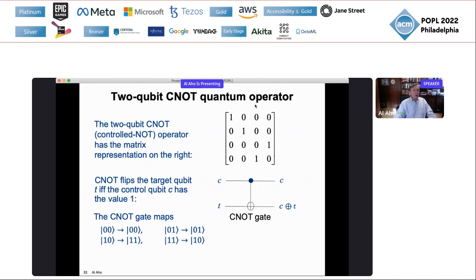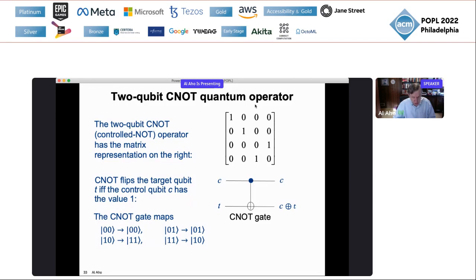The 2-qubit quantum CNOT operator, or controlled-NOT operator in full, has a matrix representation shown on the right. It is a very useful quantum operator that appears in a number of quantum algorithms.